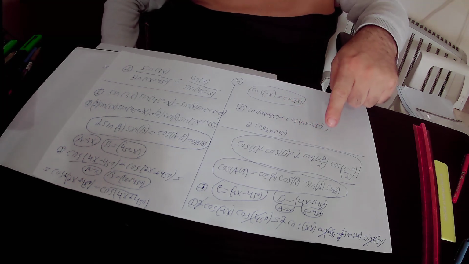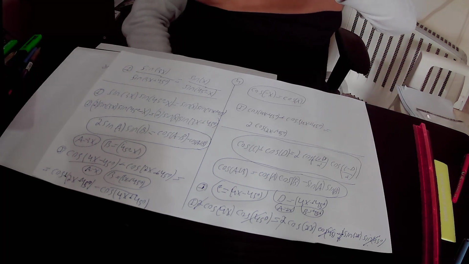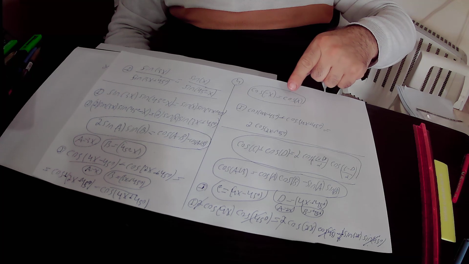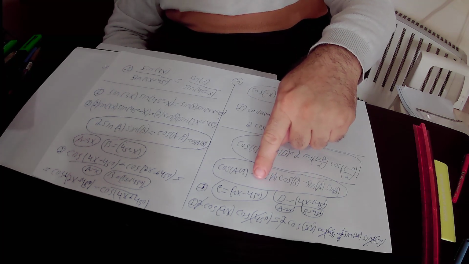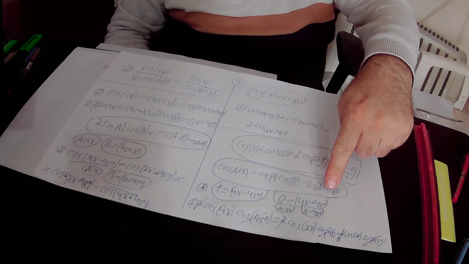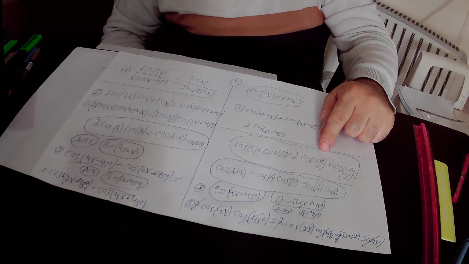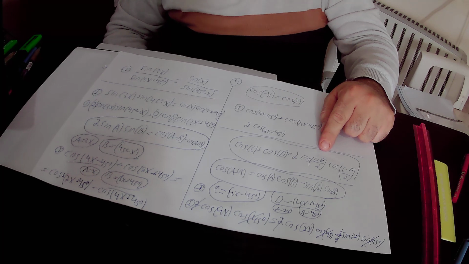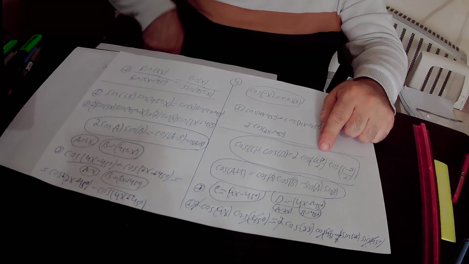cosine C plus cosine D equals 2 cosine C plus D over 2 times cosine C minus D over 2. And here C equals 4x minus 45 degrees and D equals 4x plus 45 degrees. So 2 cosine C plus D over 2 is 4x plus 4x is 8x, and 8x over 2 is 4x.